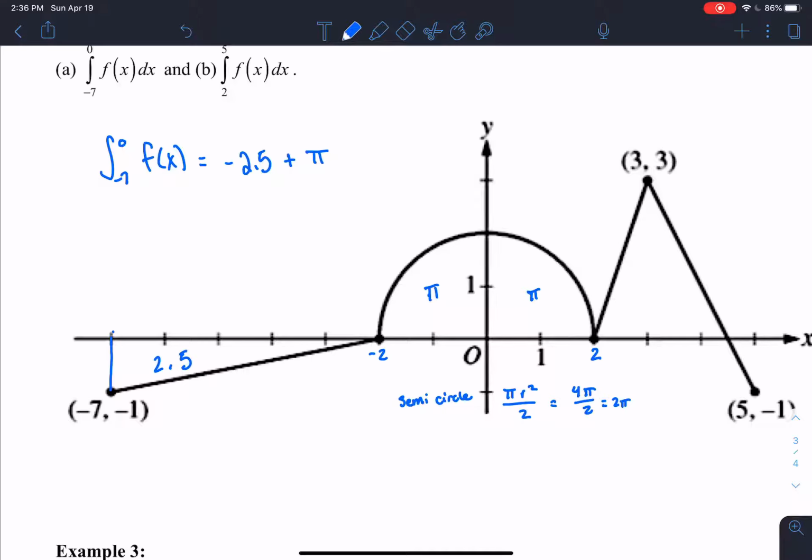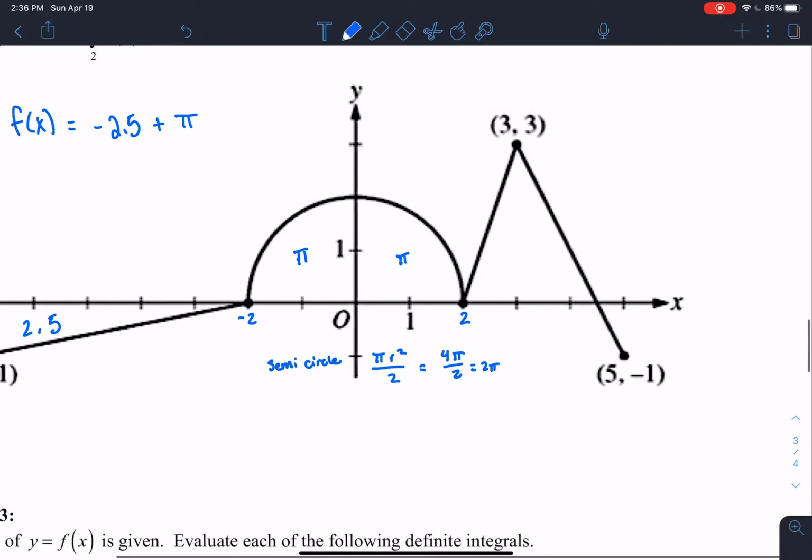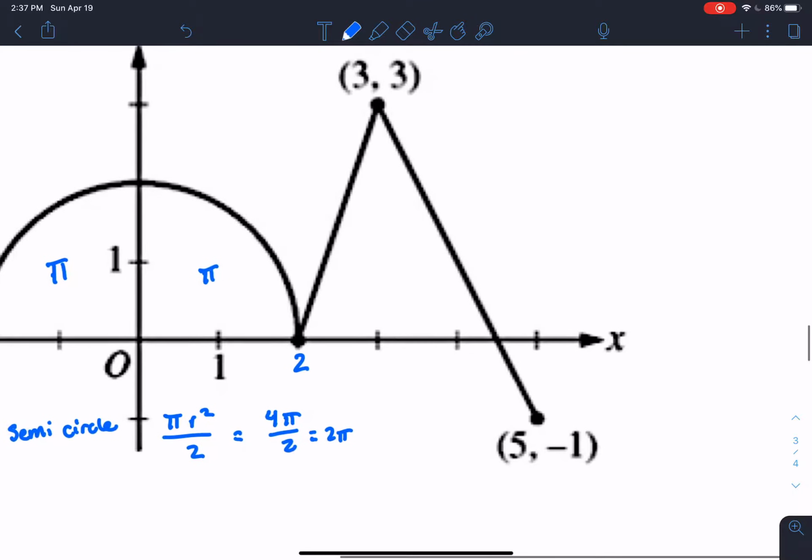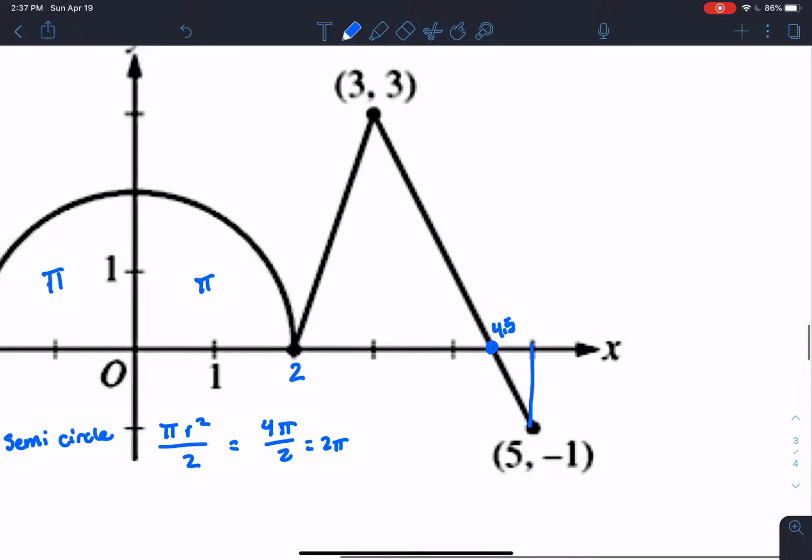Now the second one is going from 2 to 5. From 2 to 5 it looks like we have some triangles. This looks to be about 4.5, so that means the base is going to be 2.5. Half of that is 1.25 times the height.